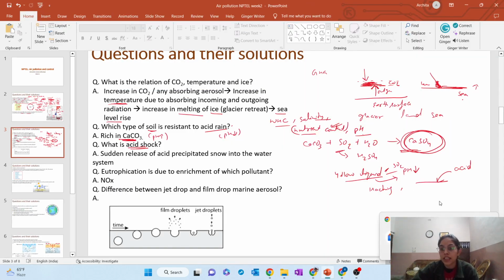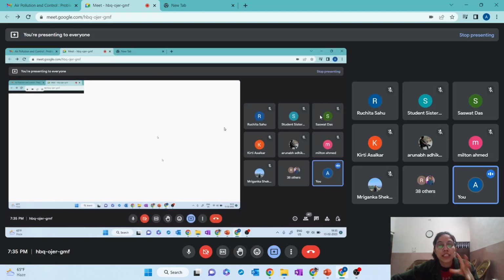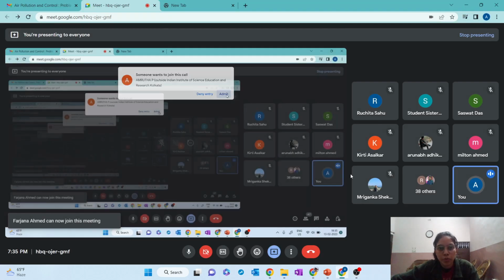So this sudden enrichment of acid to the water system is called acid shock, because there is a sudden change in the pH of water, there is sudden depletion of the nutrient, sorry, there are sudden deaths of fisheries and marine organisms in the water body.